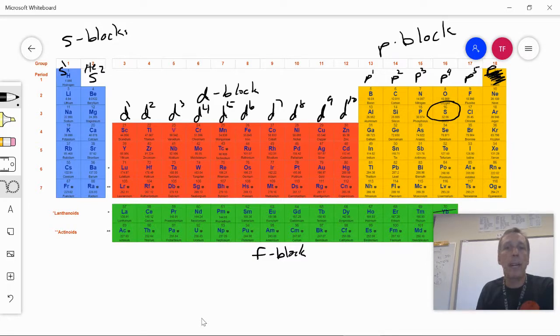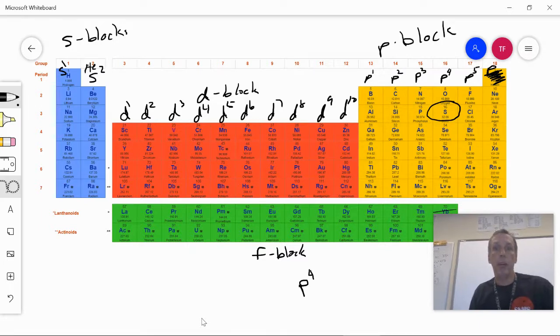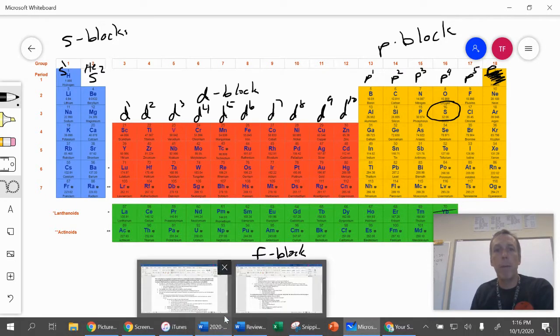That means it's going to end in p4. Now what number is going to go in front? Well, that's the energy level. What energy level is sulfur in? Well, what period is it in? So we go over here. Oh, it's in period 3. So sulfur is going to end in 3p4.